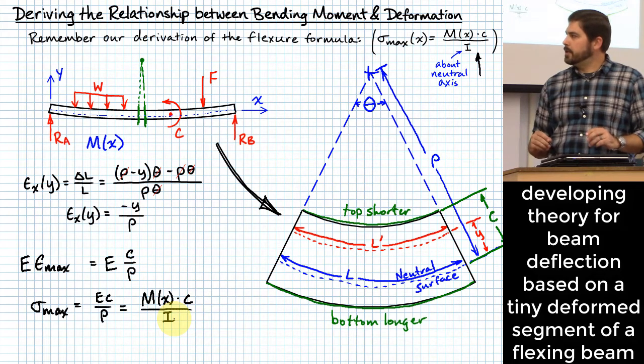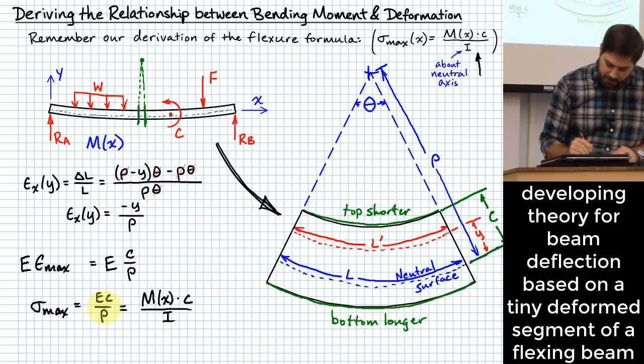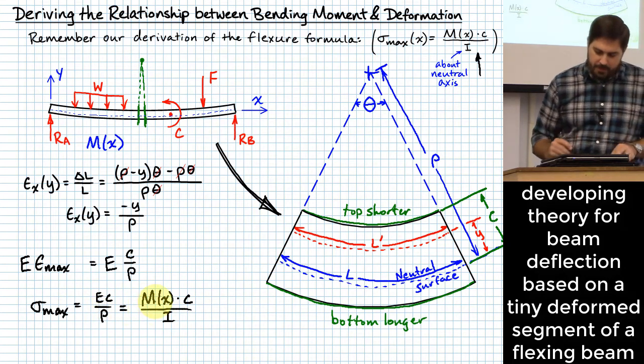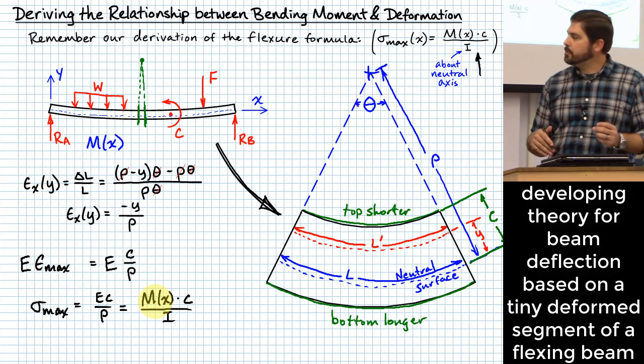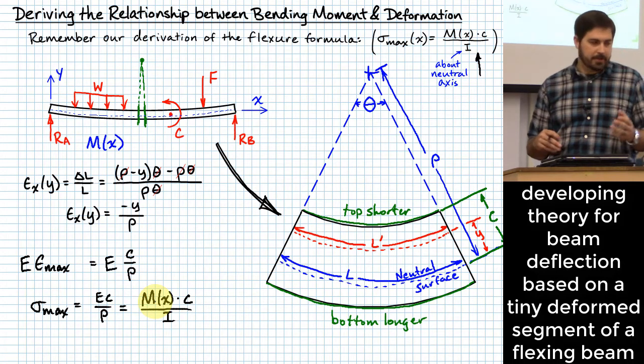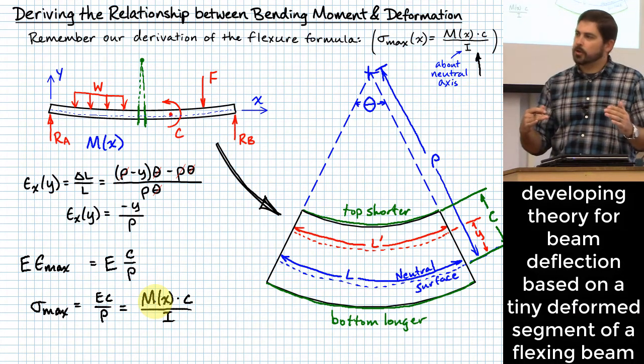So far so good. Let's notice here that if I take that little expression, EC over rho is equal to M as a function of X times C over I, I should be able to solve that for 1 over rho. All right? Rho is a radius of curvature.